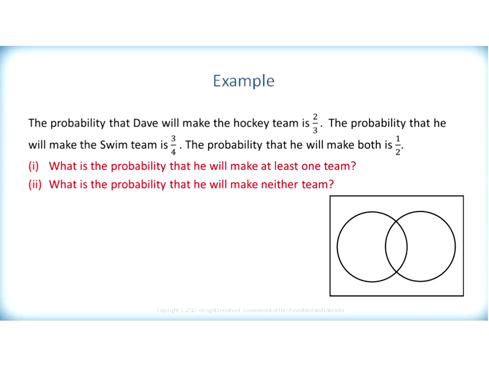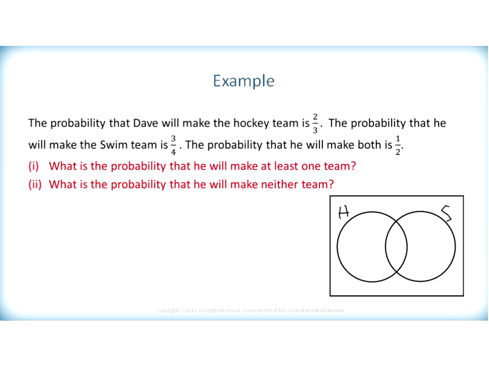The probability that Dave will make the hockey team is 2/3. The probability that he will make the swim team is 3/4. The probability that he will make both is 1/2. So we have the hockey team and we have the swim team.